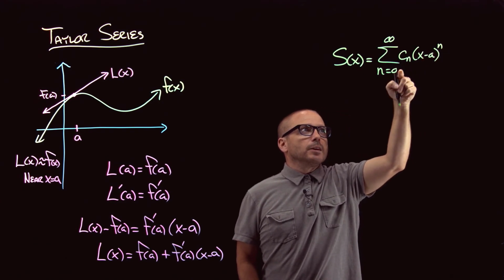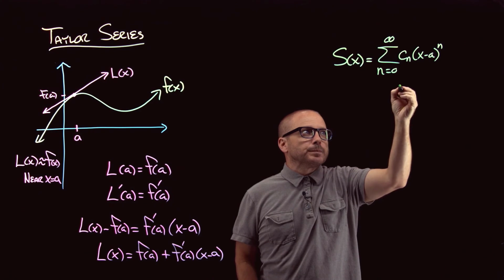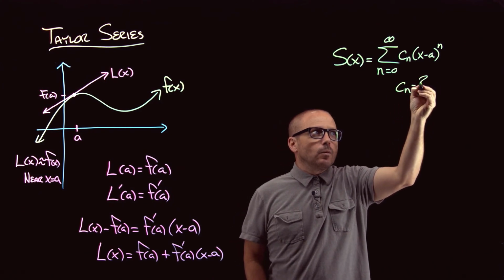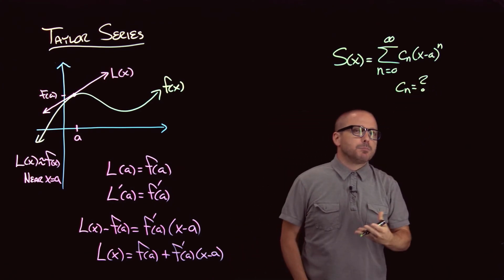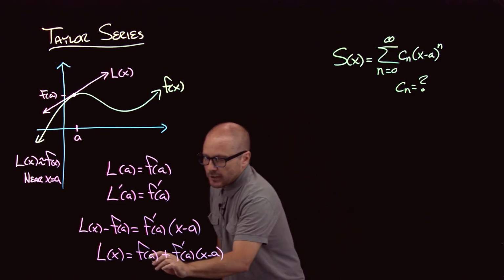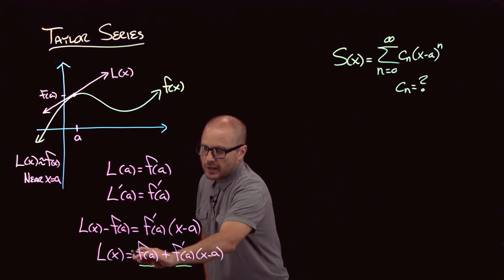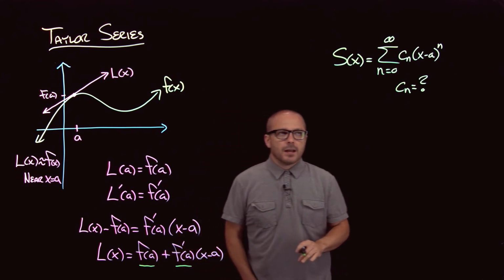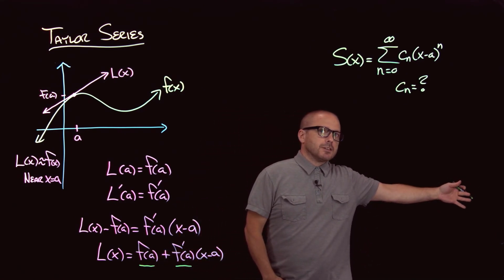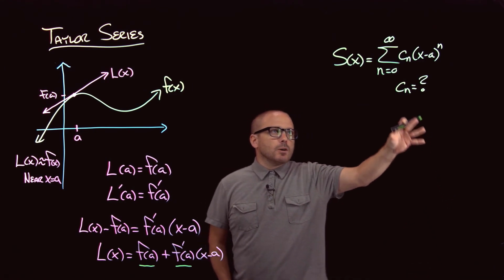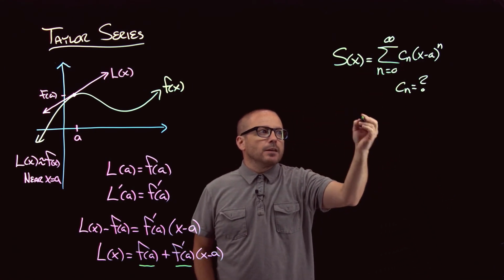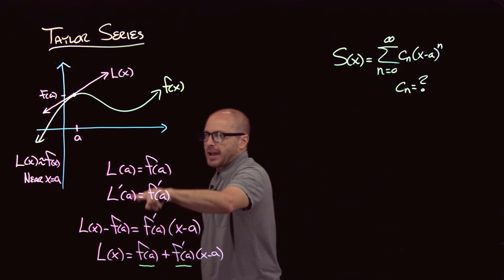And the key is, what would those coefficients need to be, right? For example, here it seems like in a linearization, the coefficients are f and f prime. But what if we took this to infinite degree? What would the coefficients have to be so that we have this kind of a matchup, right?